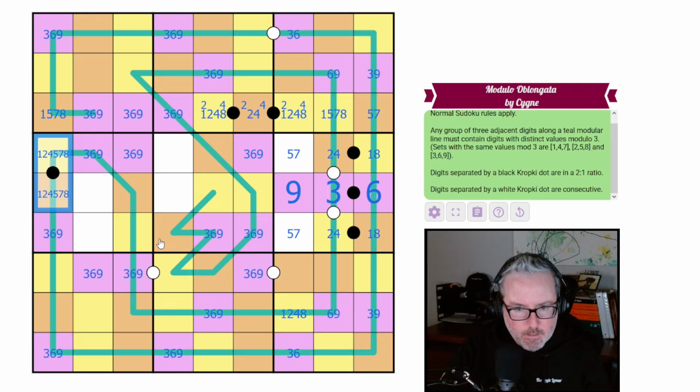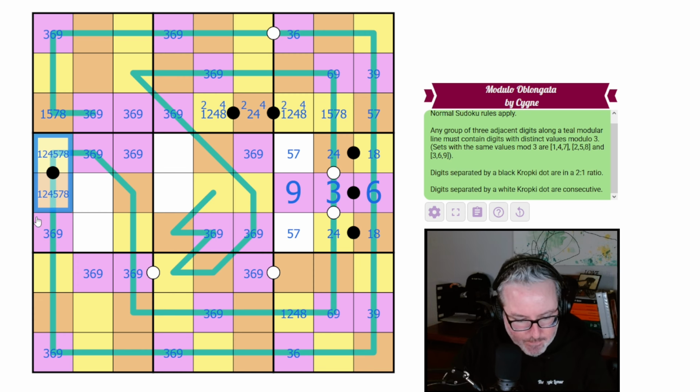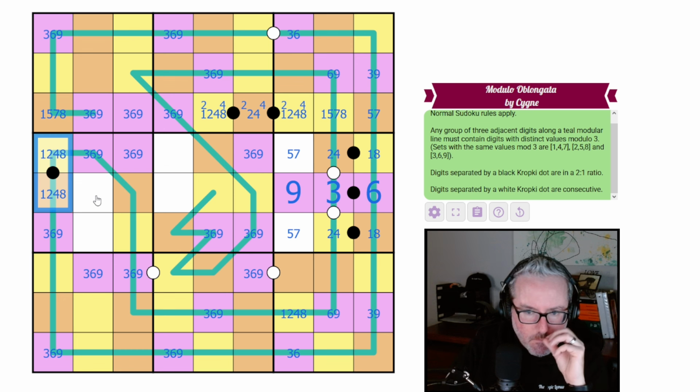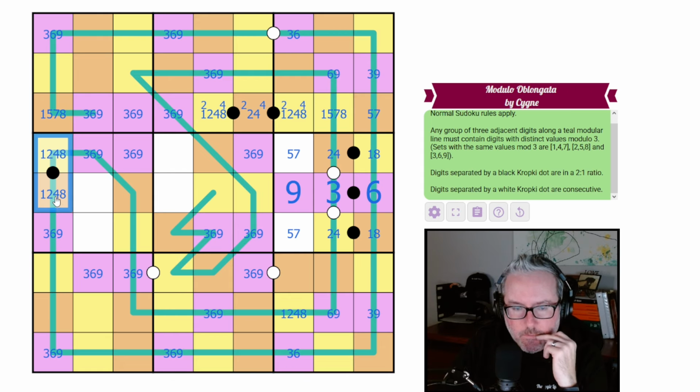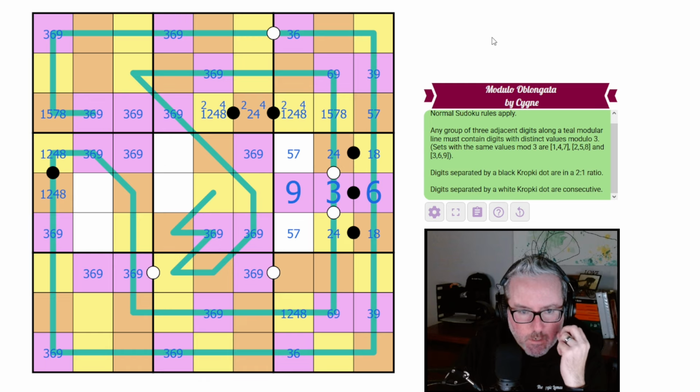7, 5, and 8. Let me do a quick think here. 1 and 2. Yeah, well, 1, 2. Obviously, you can't put 5s and 7s on here. So 1, 2, 2, 4, or no, or 4, 8. It's still the same grouping of things here, and it's not telling us which is which.